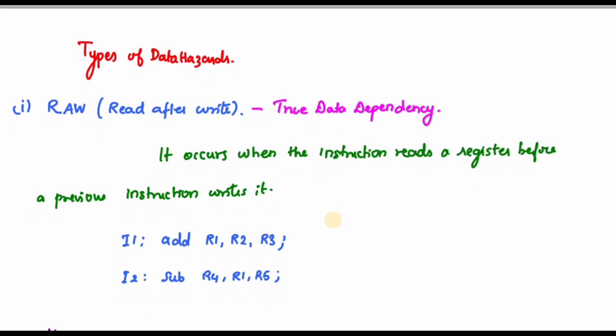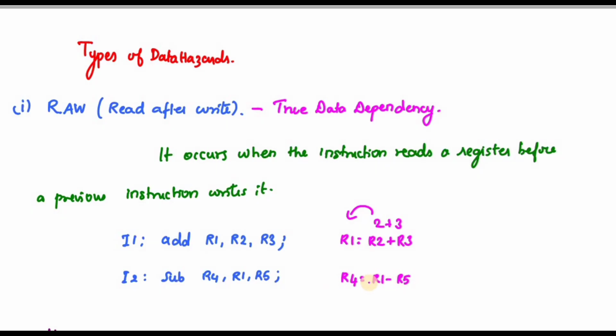You can see here, this is the first instruction, this is the second instruction. In the first instruction, add R1, so R1 value is equal to R2 plus R3. If it is 2 plus 3, the 5 gets written into R1. In the second instruction, R4 is equal to R1 minus R5.